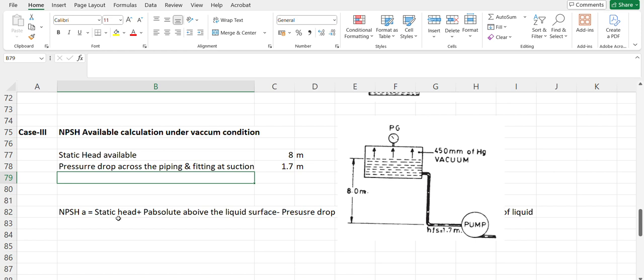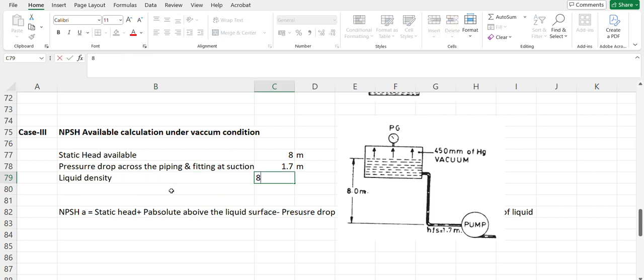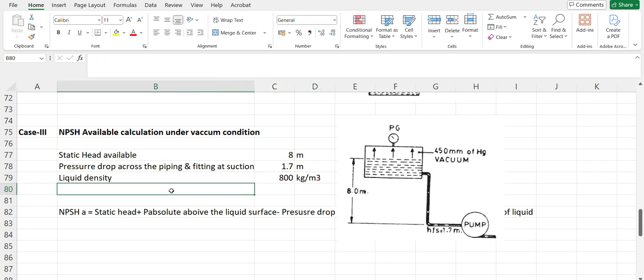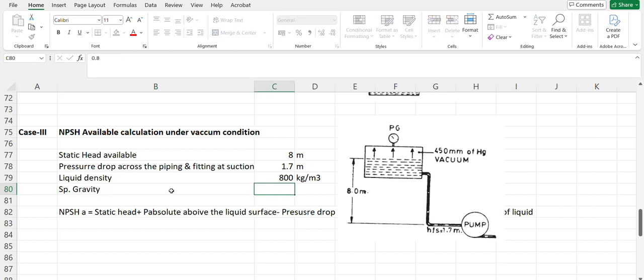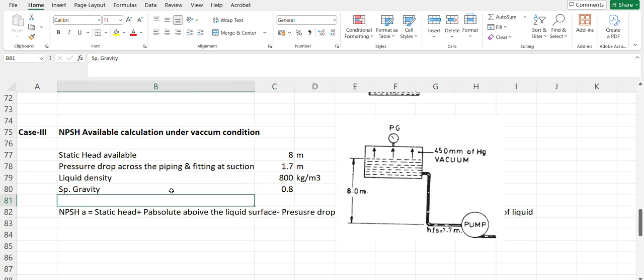So now we have the static head and the delta P due to friction. Now we can simply write down the liquid density. Here we considered the liquid density as 800 kg per meter cube, or specific gravity is 0.8.